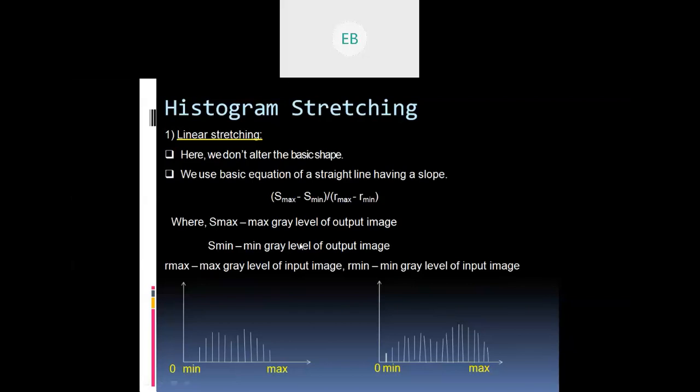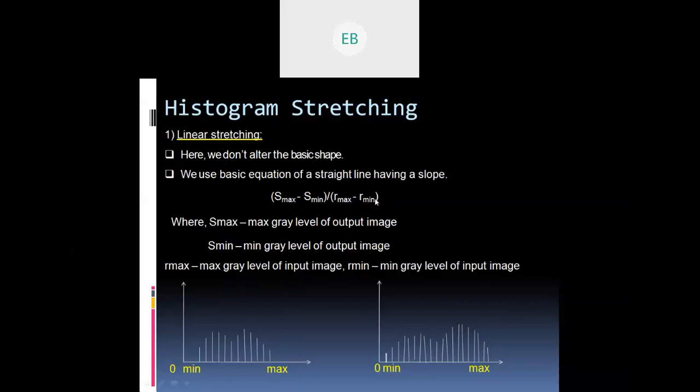Then when we talk about histogram processing and these two methods, one particular concept comes into being, that is linear stretching. Linear stretching is nothing but this: suppose an input graph is given, when you take the output graph, you don't change the shape of the input graph, you just expand it.